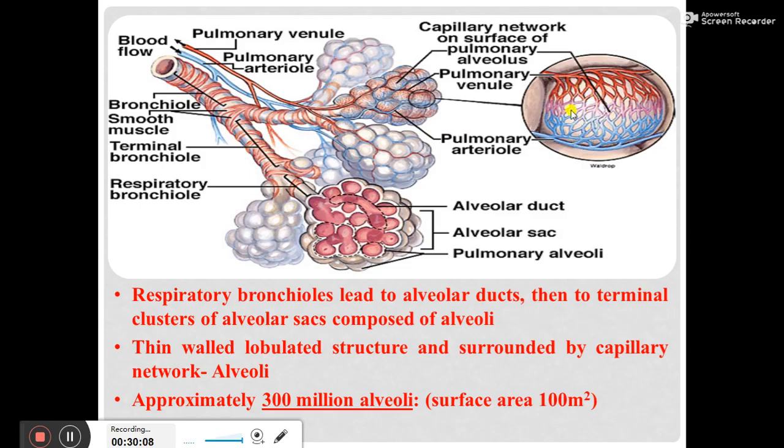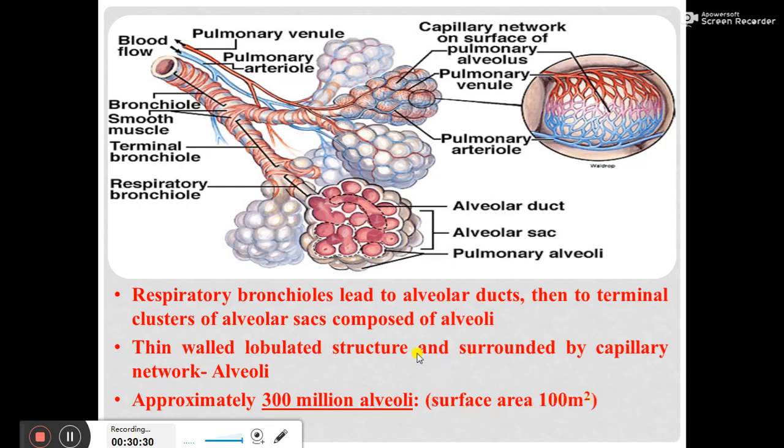So for the lungs, for purification, there are pulmonary veins and pulmonary artery. Next, approximately 300 million alveoli are present, and the surface area is 100 meter square.